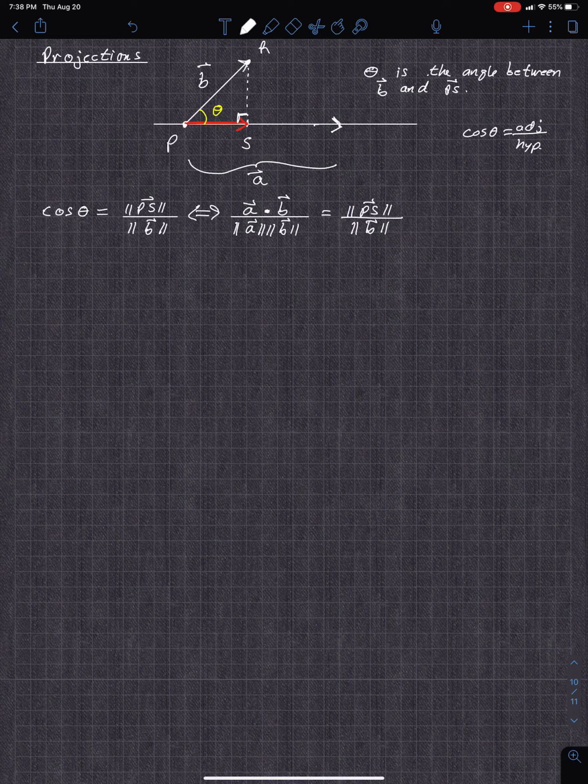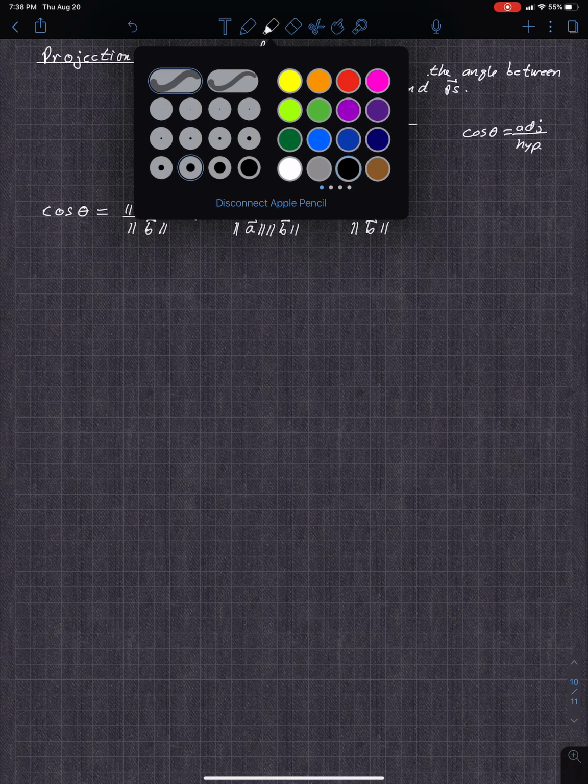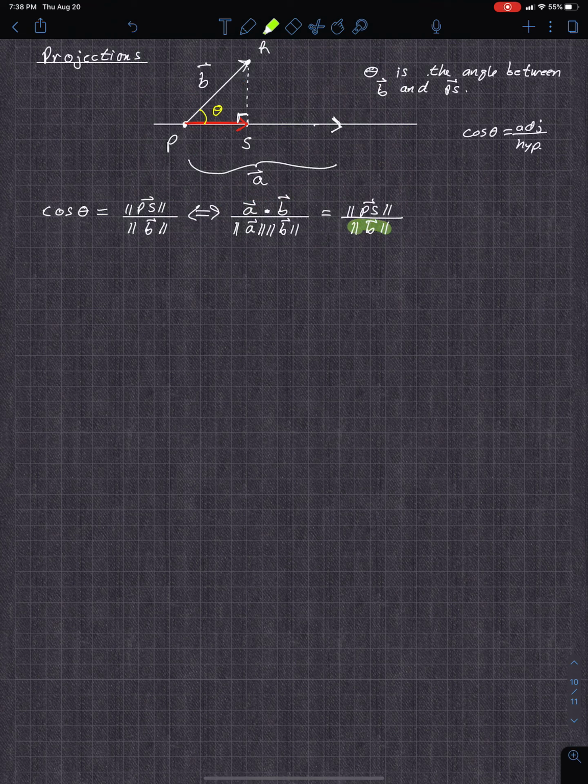So do you see now we can eliminate magnitude B on both sides here. And so that's then equivalent to all non-zero vectors. I didn't make that rigorous assumption, but all non-zero vectors.